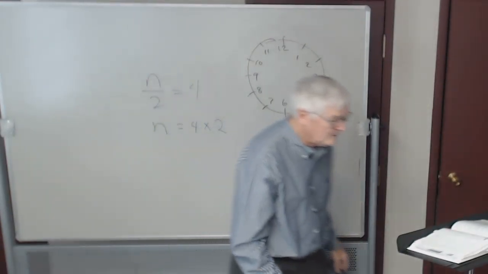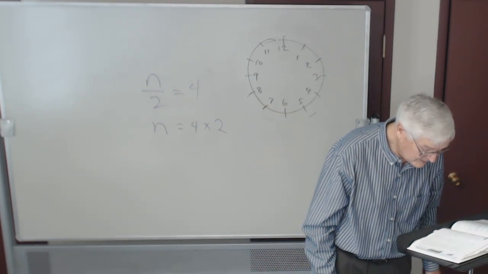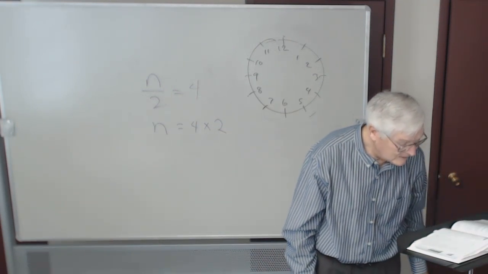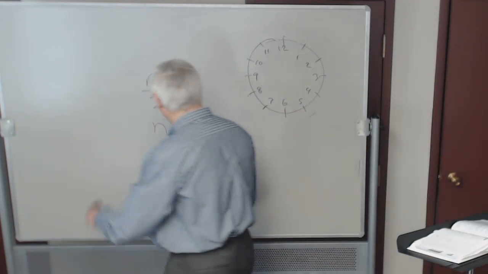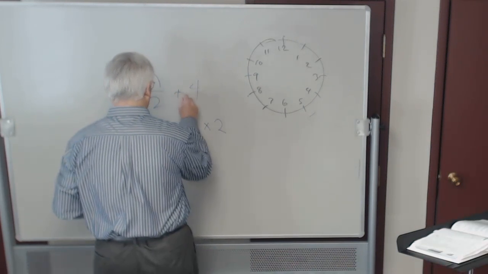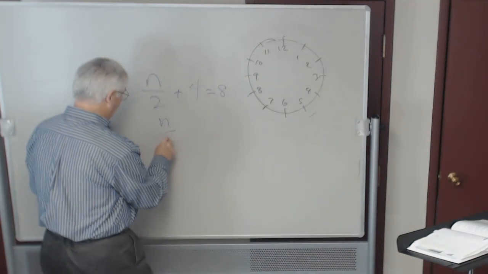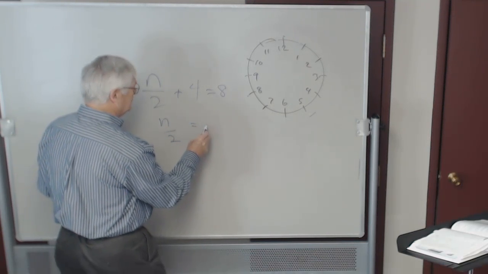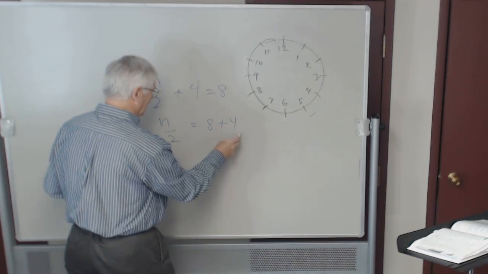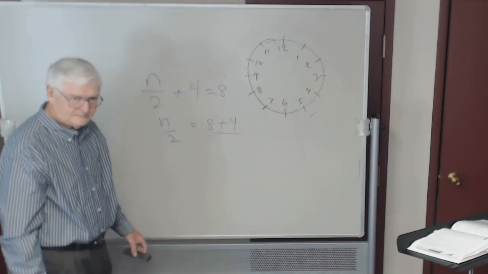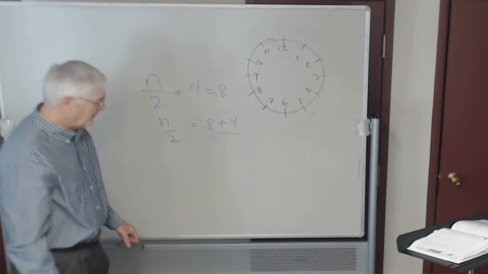So number 37. Let's do one of yours. N over 2 plus 4 equals 8. So that means N over 2 equals 8 plus 4. Agreed? What's 8 plus 4? 12.